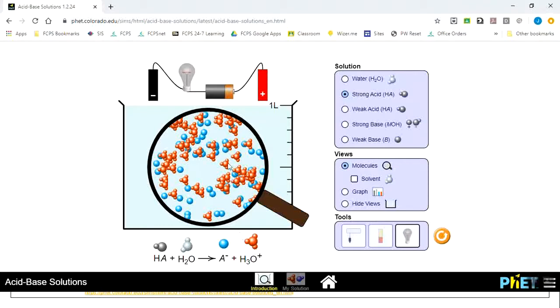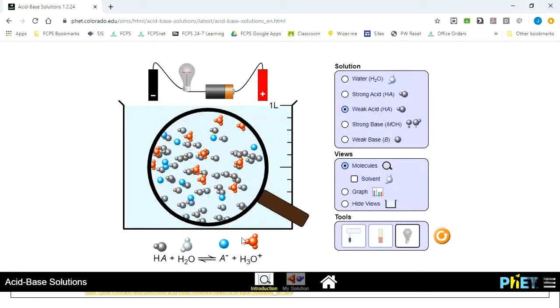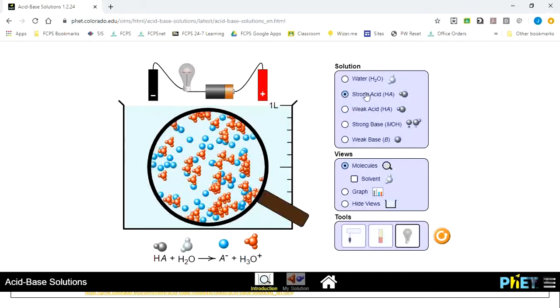And so here on a molecular level, it shows you A- and H+ here in the red, whereas if we were to compare this to a weak acid, you see that there isn't a lot of dissociation, right? You still see a lot of the original form of the acid here, and a little bit of blue and a little bit of red. So this is partial dissociation, partial separation of ions versus complete dissociation of ions, okay?